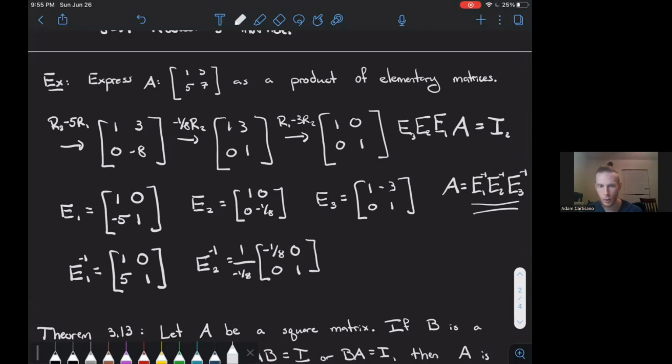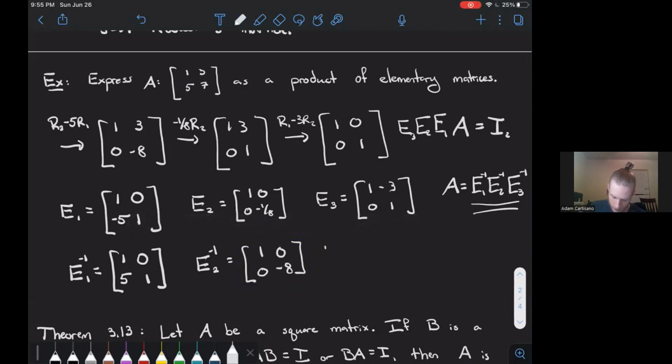But 1 over negative 1/8 is just negative 8. And if you scale this matrix by a factor of negative 8, the zeros stay zeros. Negative 8 times negative 1/8 is 1. And negative 8 times 1 is negative 8. And so E2 inverse is just this, the opposite matrix.